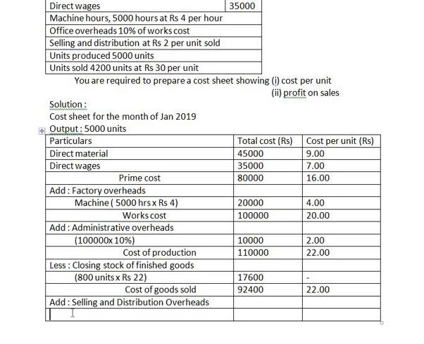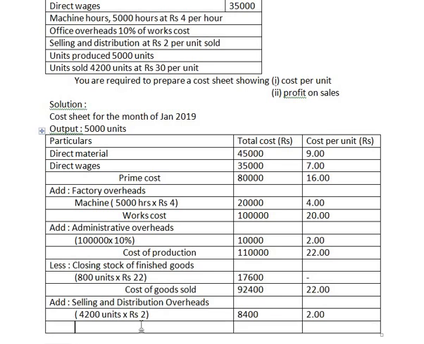Again, show the calculation in brackets: 4,200 units into rupees 2. Yes, that is 8,400. This is rupees 2 per unit. Hope everybody is understanding this.